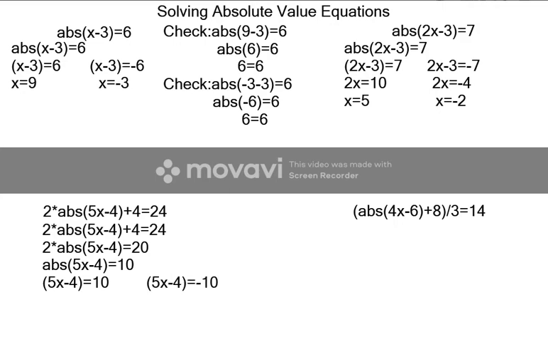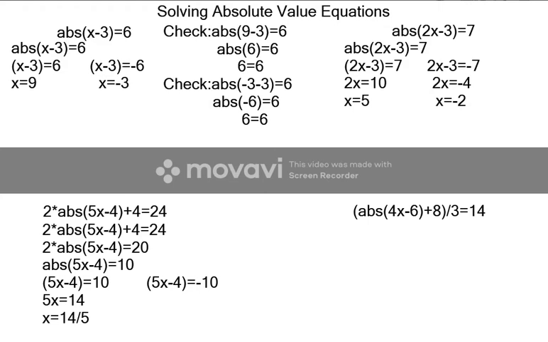And then let's solve these equations. We have 5x equals 14, and then this will be x equals 14 over 5. I'm going to leave it like that. You can put it into a decimal if you want, it's your choice.